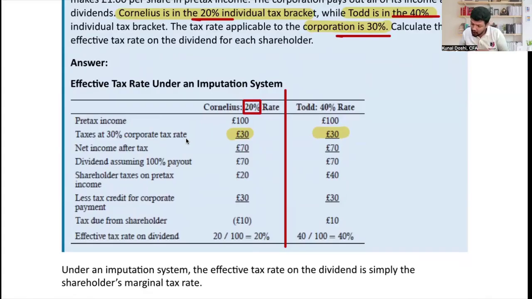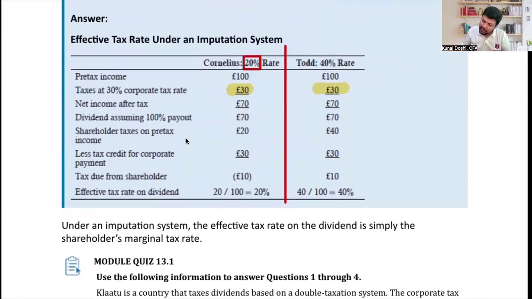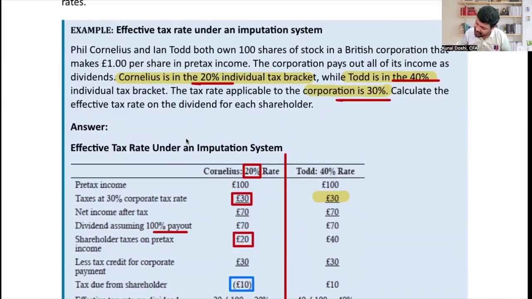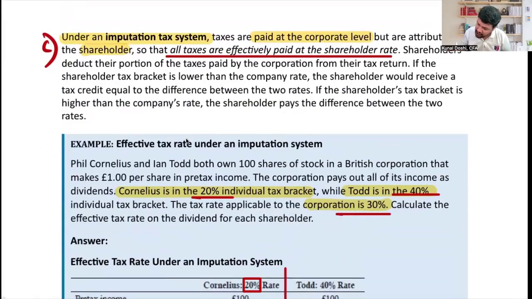So here, what will happen if the company is going to distribute the dividends, right? The shareholder is supposed to pay only 20, but the company has already paid $30 tax. So in this case, the shareholder will actually receive the benefit. Yes. So see what is written here.